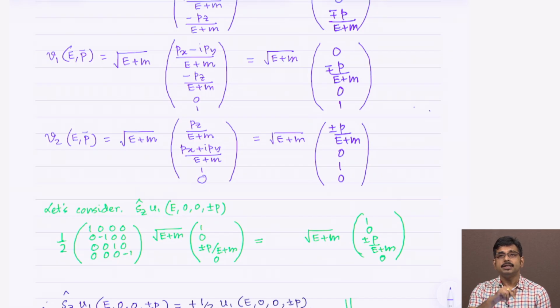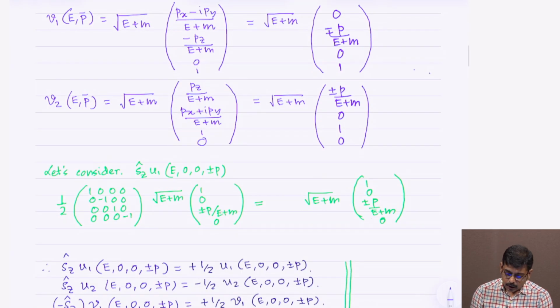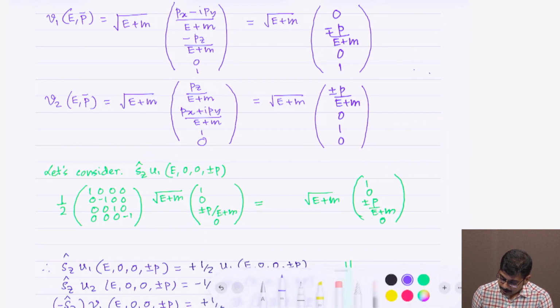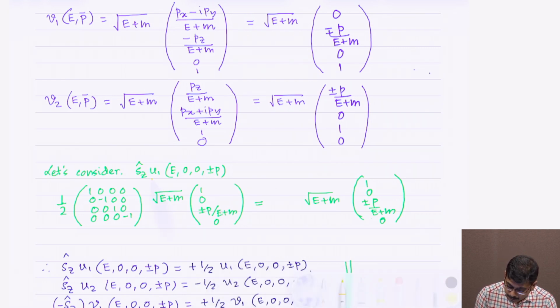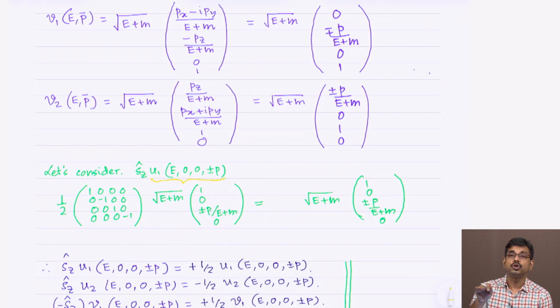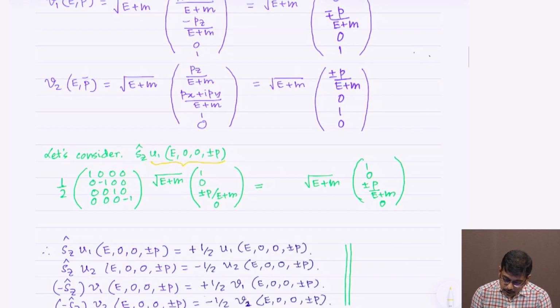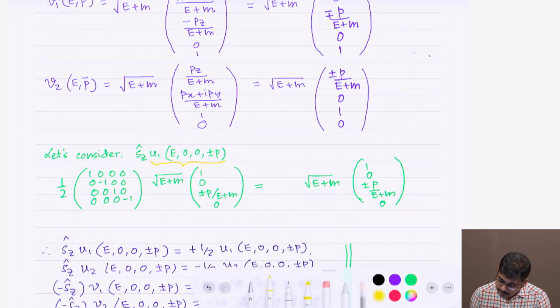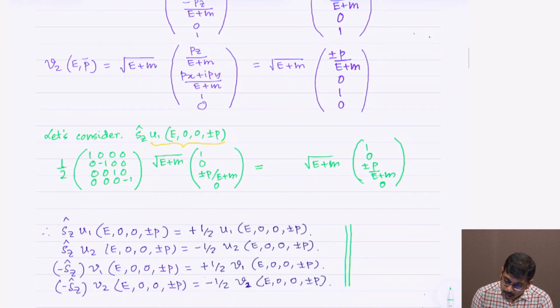Now, let us once again operate this Sz on U1, which in the limit is U1 with E 0 0 plus minus p. This basically means that I am referring to the spinor when the motion is along the z direction. If you do this exercise, it is a simple matrix multiplication once more, you will find that this is once again an eigenstate of Sz giving you an eigenvalue of plus half.